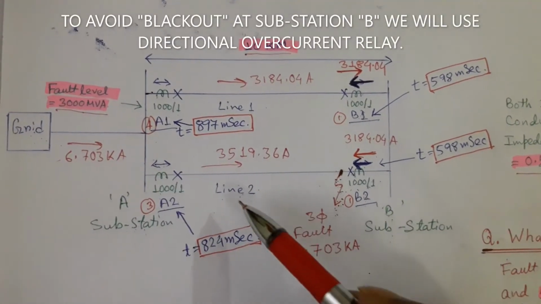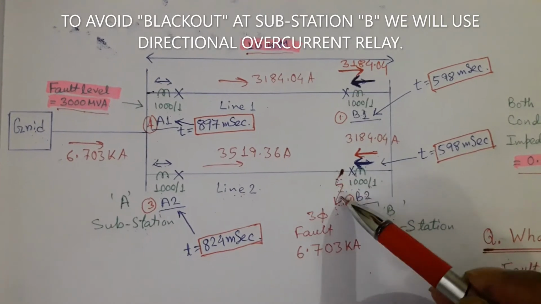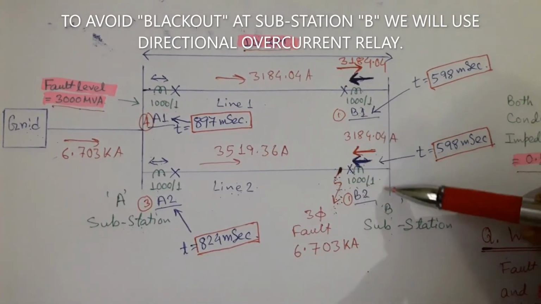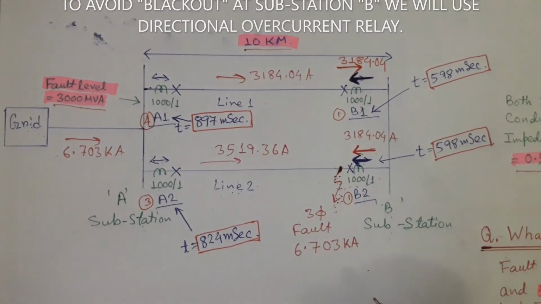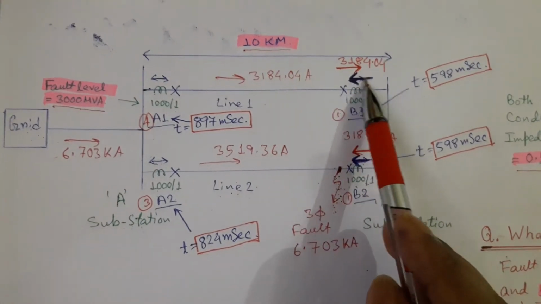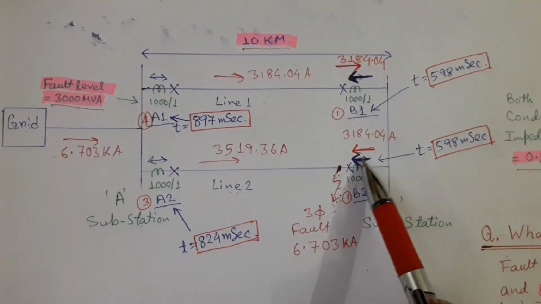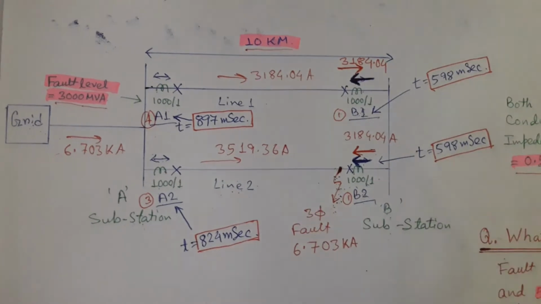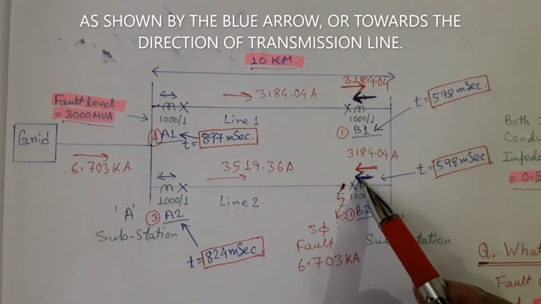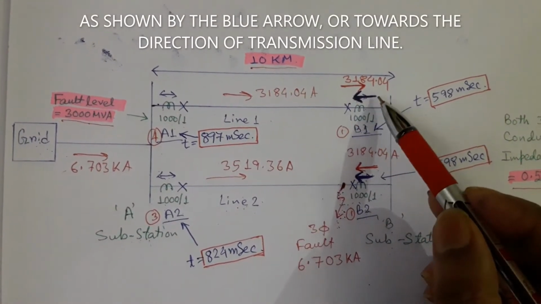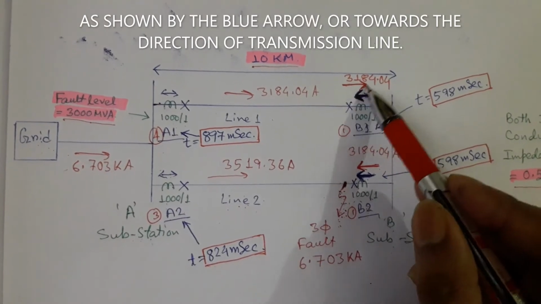But for a fault in line 2 at this point, blackout of the substation B may be avoided if we use directional overcurrent relay at relaying point B1 and B2. Directional relays will trip line if fault current flows in this way.